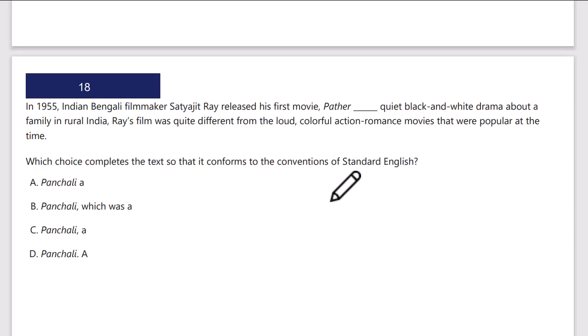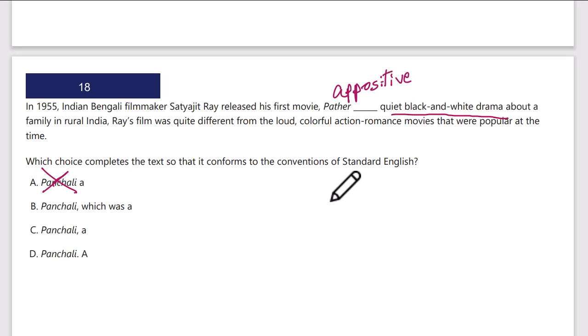Do we have sort of commas? I don't think it's going to be this. Panchali, it's kind of an appositive, right? Pather Panchali is the name, and then it's a quiet black and white drama. That's the same thing. They're one and the same.